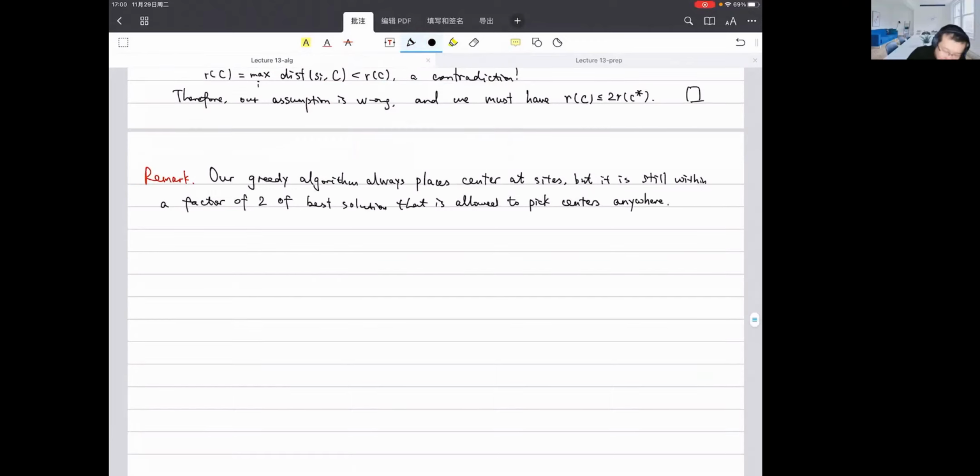In addition, although our greedy strategy is quite simple, here we actually have a two approximation algorithm.